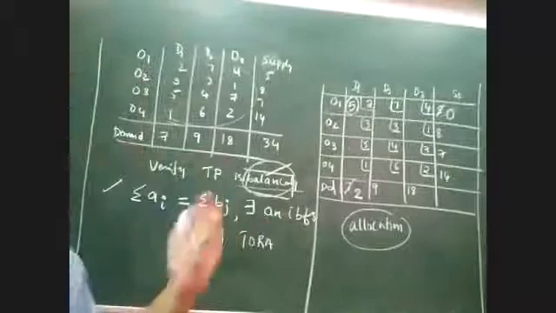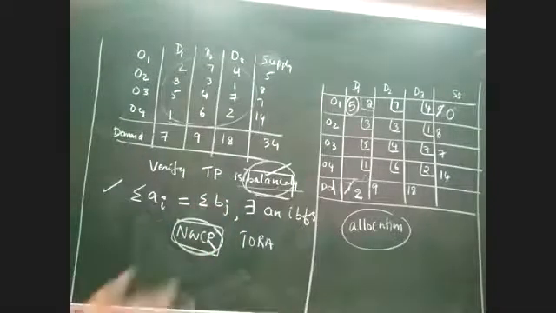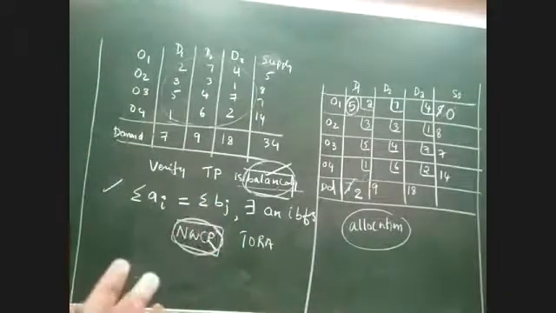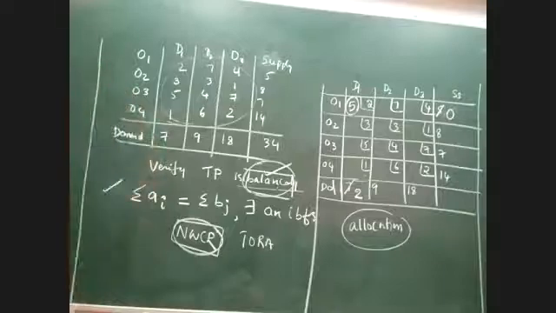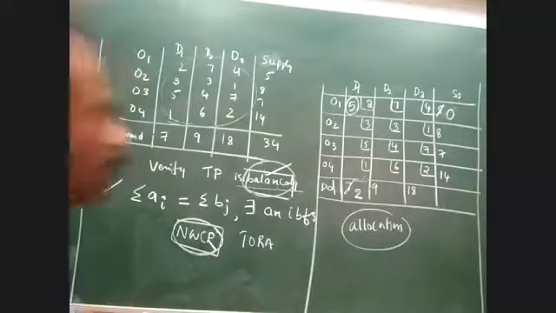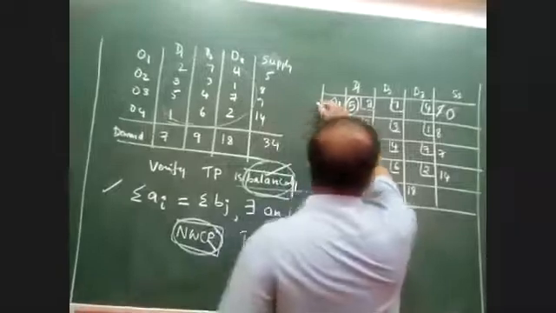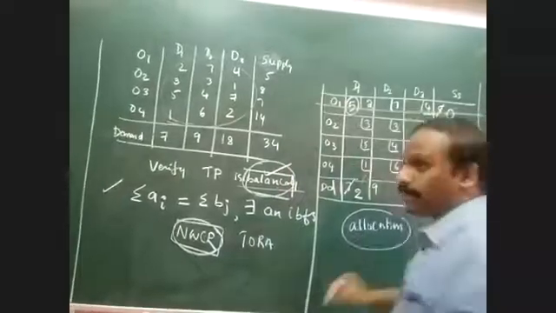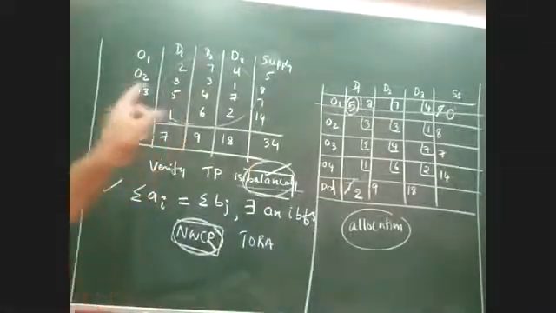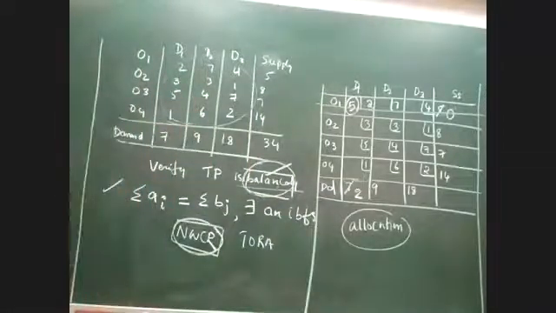Even if somebody wants to do any transportation there, there is absolutely nothing to transport. So whichever row or column demand or supply value becomes 0, that particular row or column should be skipped, just for your reference. That means now O1 is not used any more.